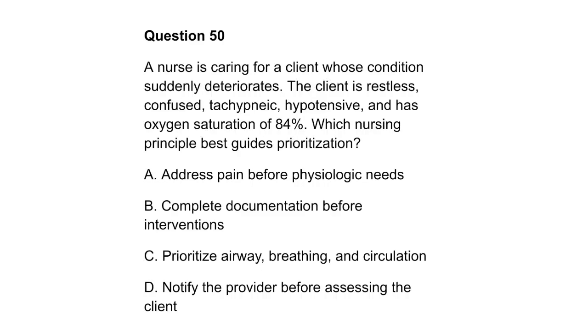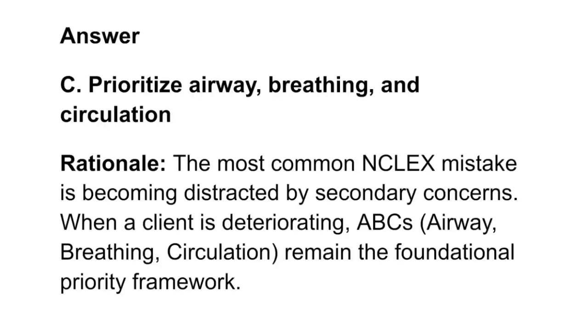C. Prioritize airway, breathing, and circulation. D. Notify the provider before assessing the client. Answer: C. Rationale: the most common NCLEX mistake is becoming distracted by secondary concerns. When a client is deteriorating, ABCs, airway, breathing, circulation, remain the foundational priority framework.